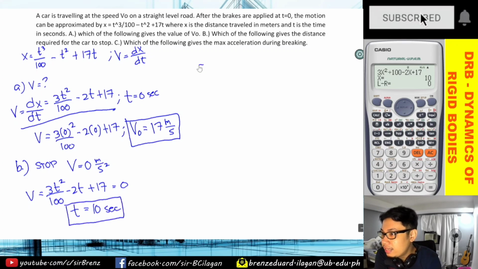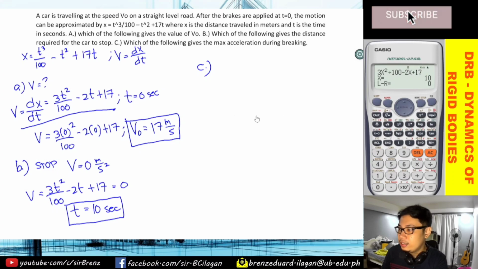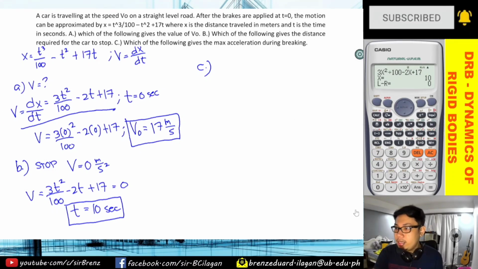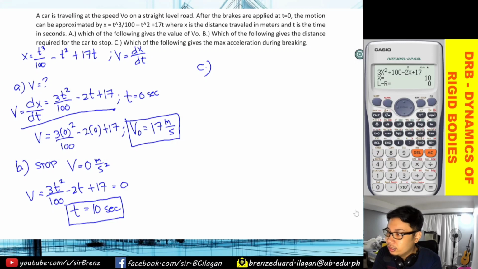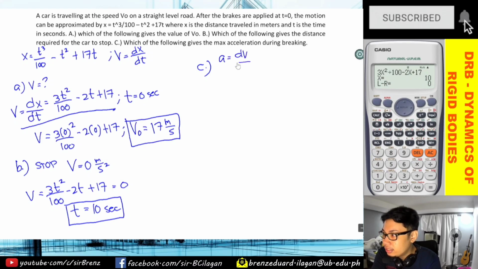Alright. So, last. Which of the following gives the maximum acceleration during braking? So, ayan. Ang hinahanap is yung maximum acceleration. So, paano natin isosolve yung maximum acceleration? Di ba may nakuha tayo kanina na equation for the velocity? So, we all know na yung acceleration mo is equals lang sa dv over dt.